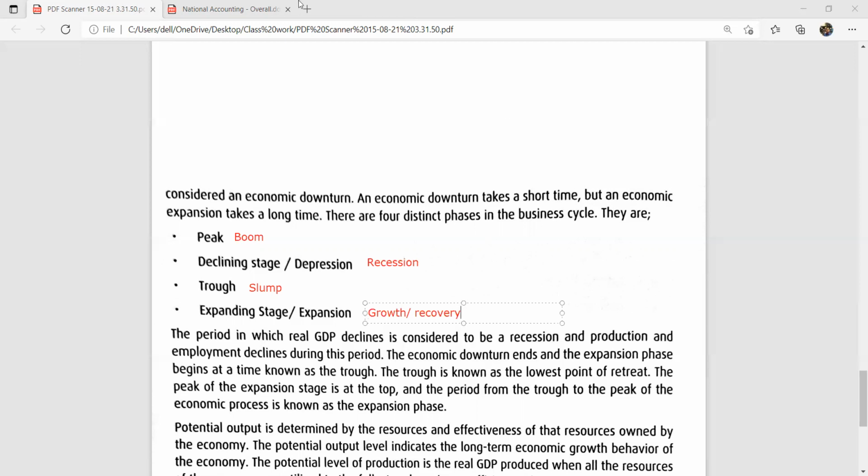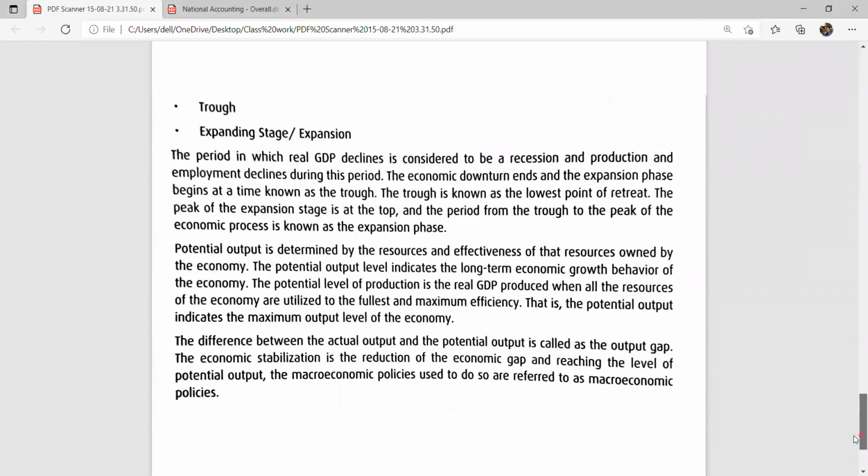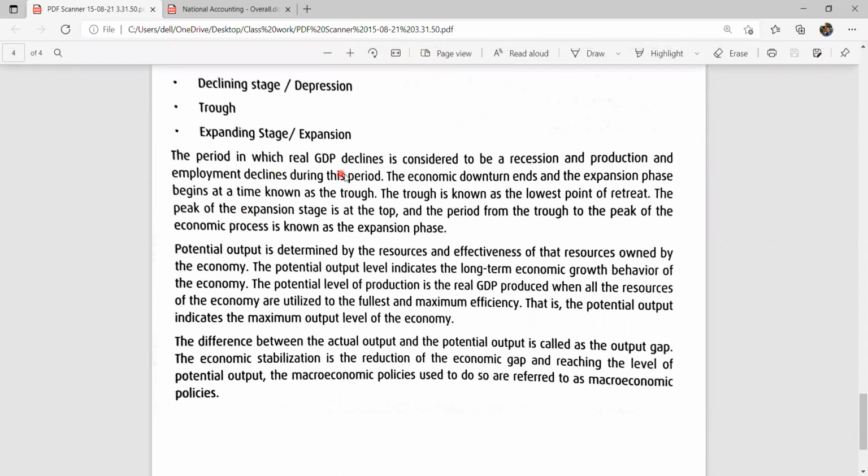As well, these periods should be studied separately. All these stages imply an impact on the country's output and the variables we identified before. The period in which real GDP declines is considered a recession, and production and employment decline during this period.